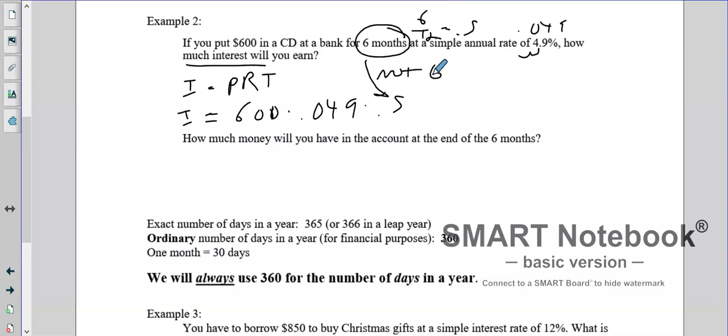If we're doing less than a year, we've got to figure out the fraction or decimal for that amount of time. It's like 3 months, okay? 3 out of 12. 4 months, 4 out of 12. You change it to a decimal or leave it as a fraction. Okay? So everybody, you type in your calculator 600 times 0.049 times 0.5.